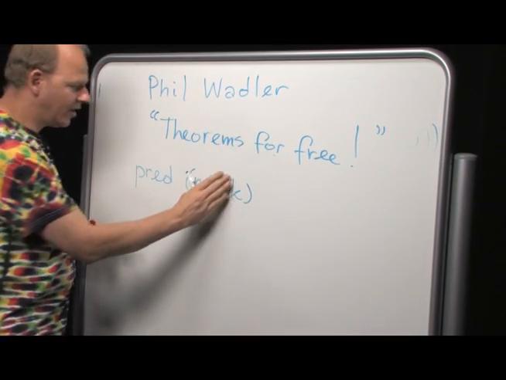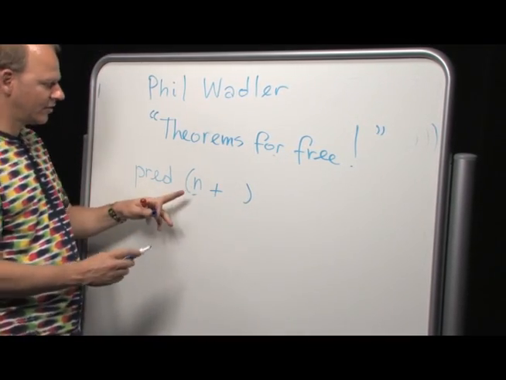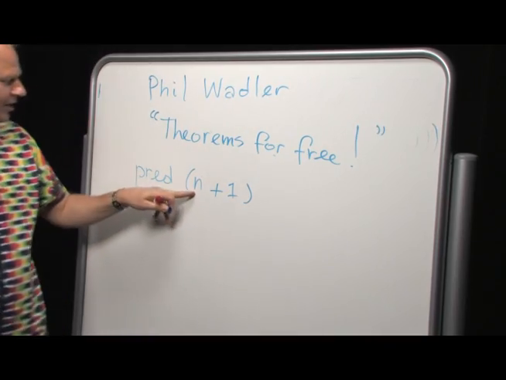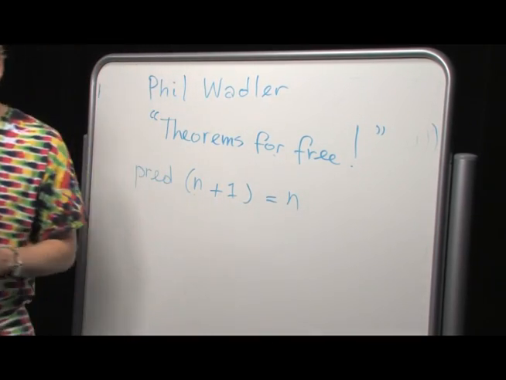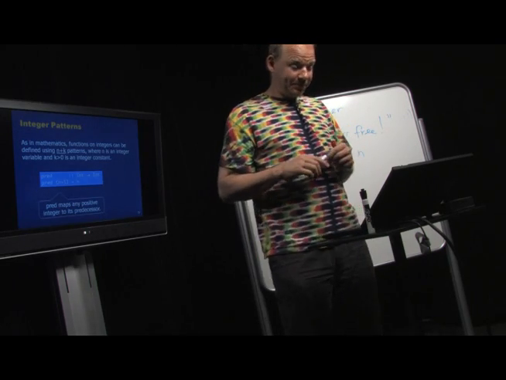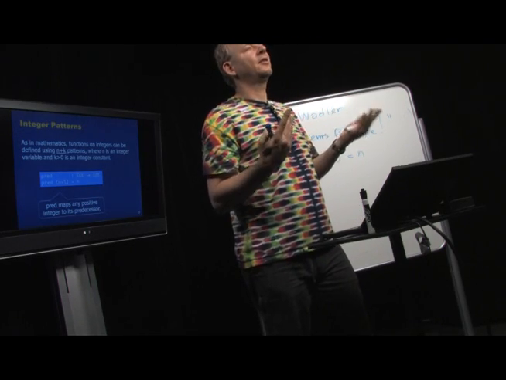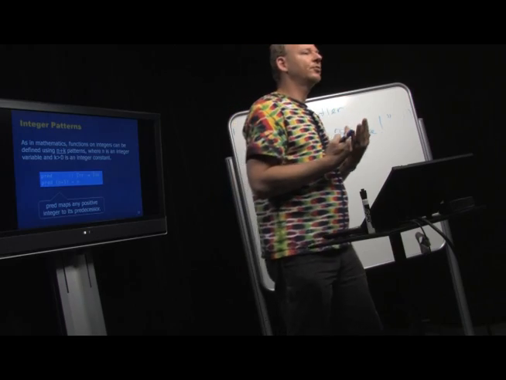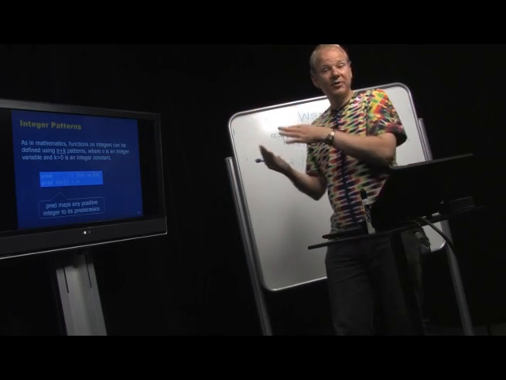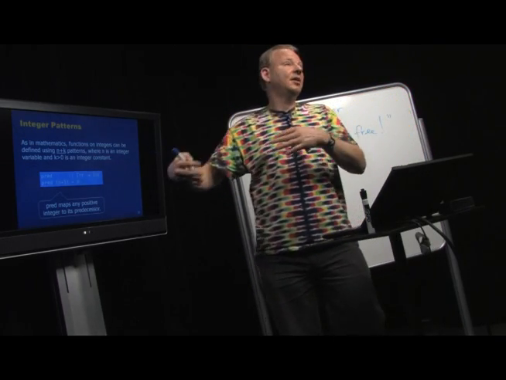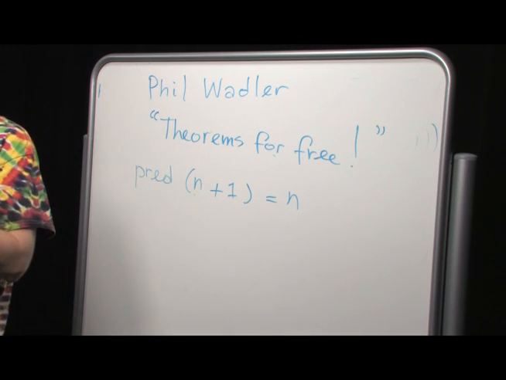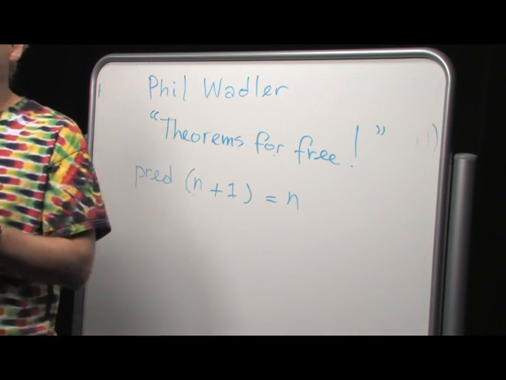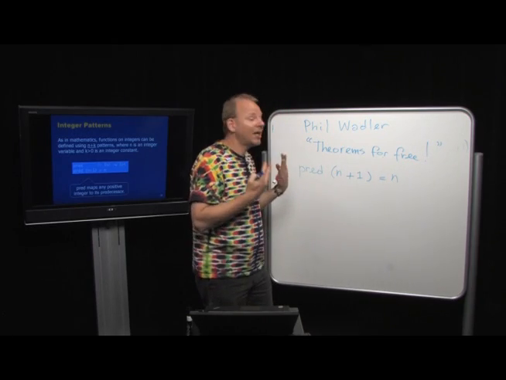So I can write, what is the predecessor of a number? Well, the predecessor of n plus 1 equals n. This is something that you see in a lot of mathematical textbooks. And if you remember the interviews that Brian Beckman and I did, in physics and in math, you can be imprecise.